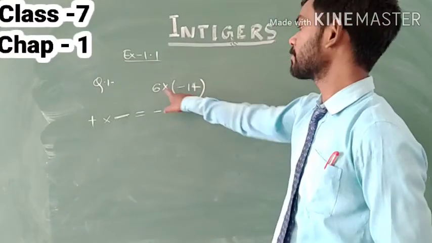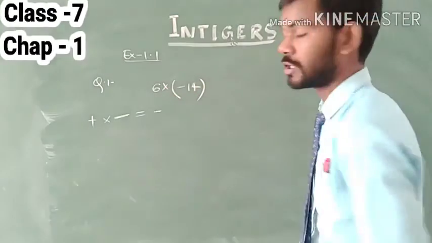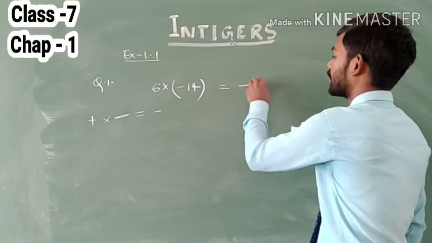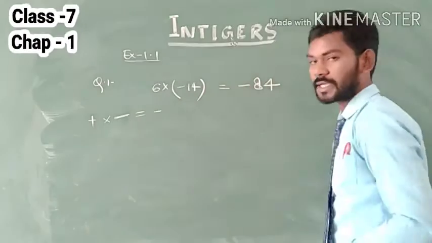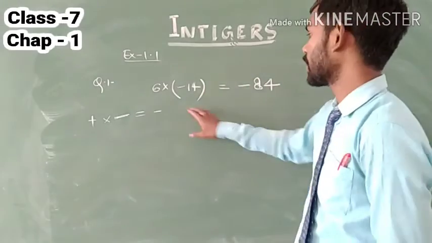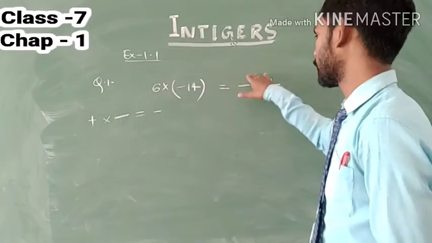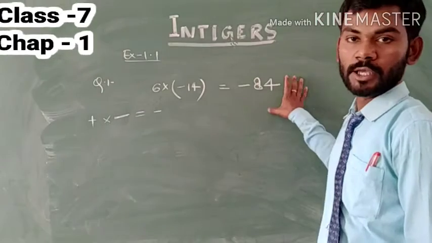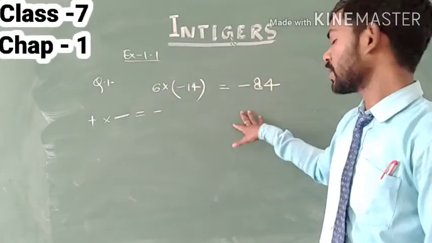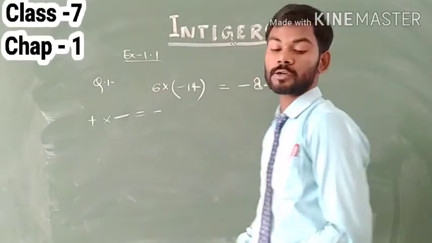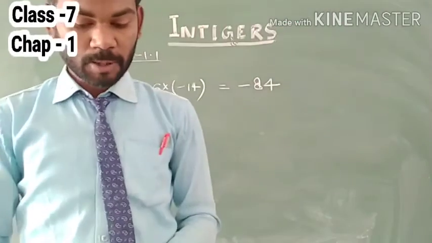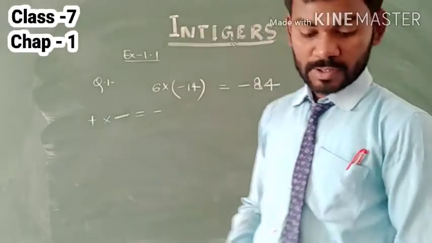Therefore, when minus 14 is multiplied by 6, we get a negative integer, and 6 multiplied by minus 14 is equal to minus 84. In this way, you have to solve the other questions of this section.